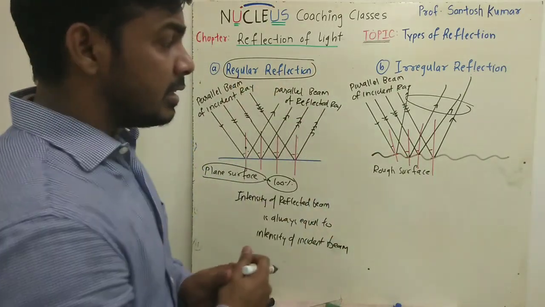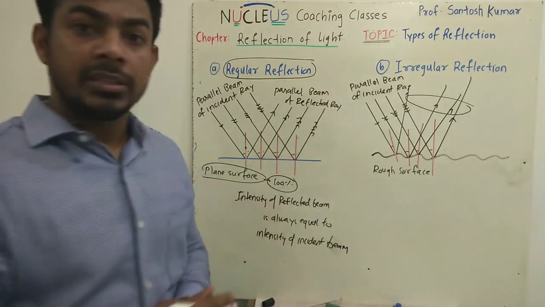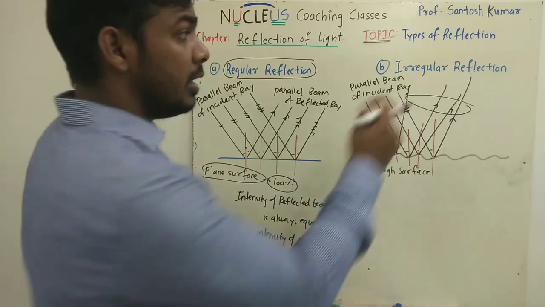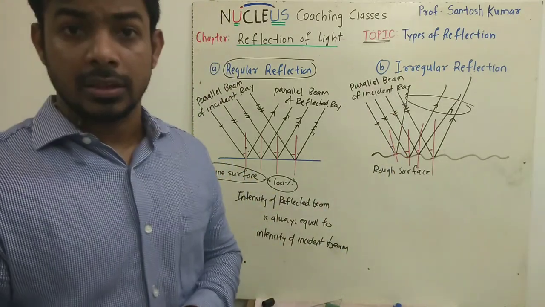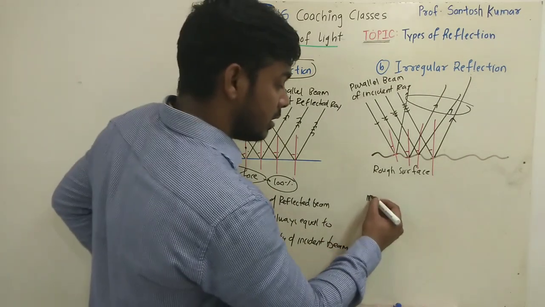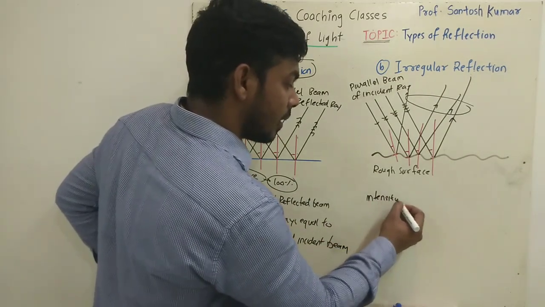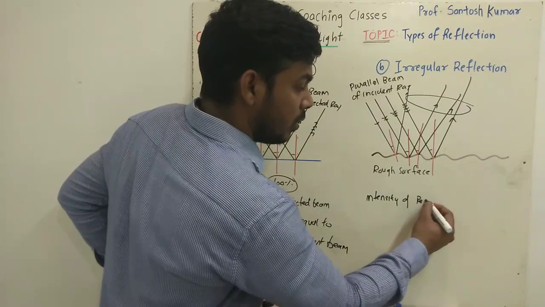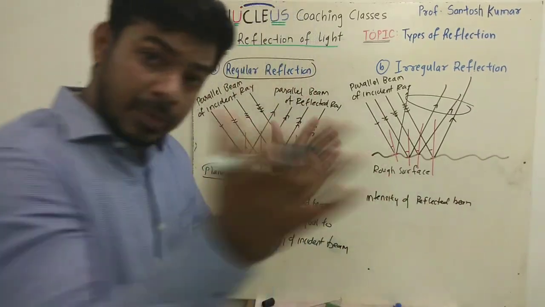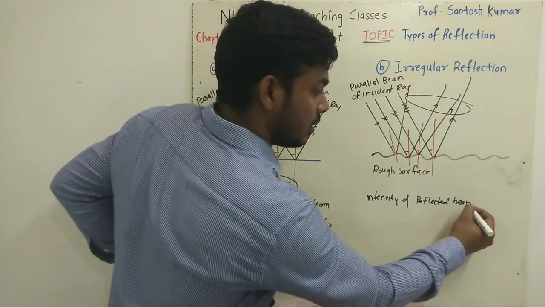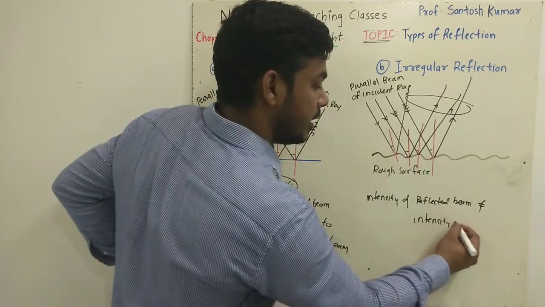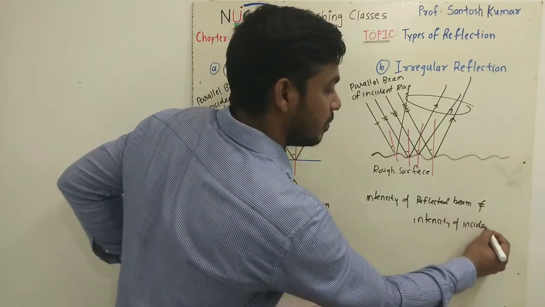So such a reflection, where a parallel beam of incident rays after reflection gets scattered in different directions, is called irregular reflection. And since the rays get scattered in different directions, the intensity of the reflected beam, which is dispersed or scattered, is not equal to the intensity of the incident beam.